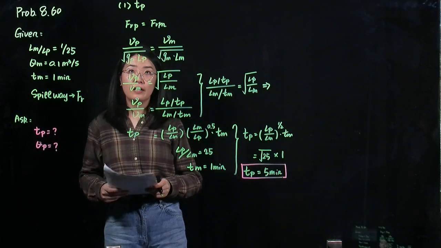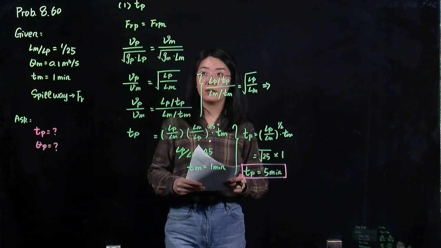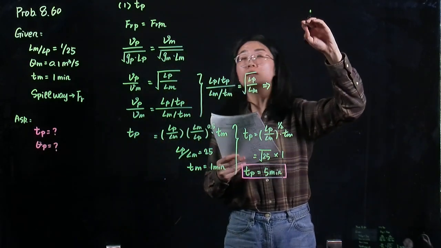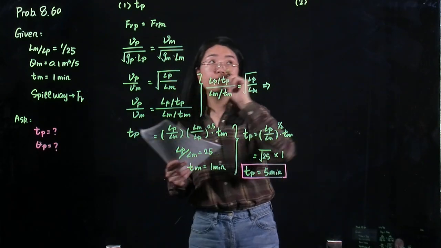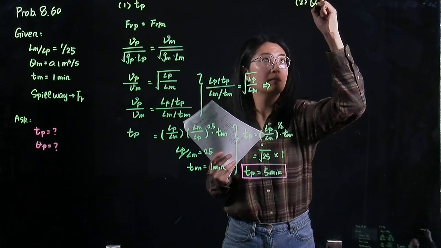This is the first question. The second one asks us to identify the Qp.